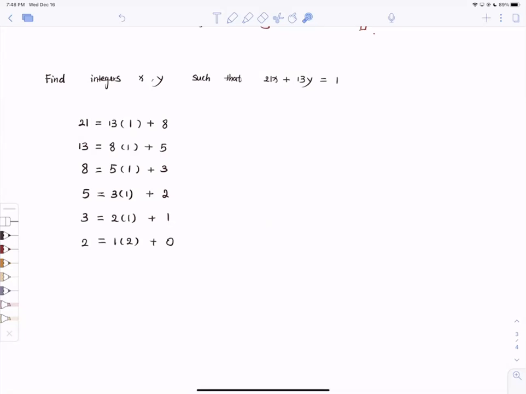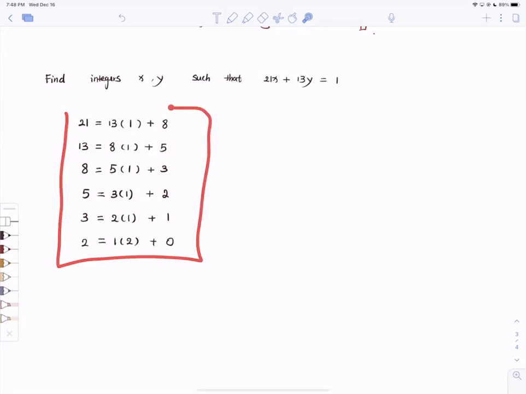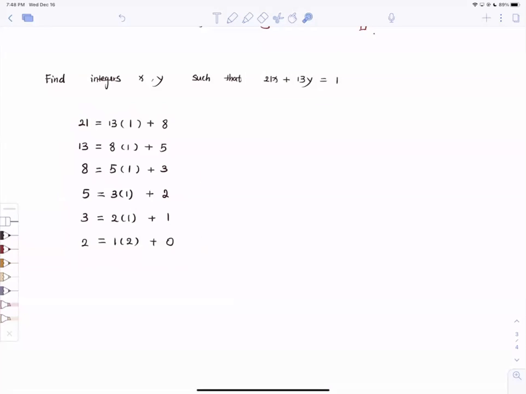Okay, so the trick for this type of question is you need to write down the Euclidean algorithm first. And then you do backwards of what we're doing here. So you want to write 1 equals something.